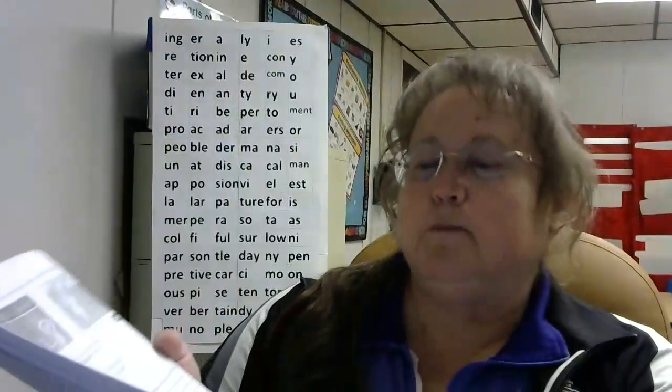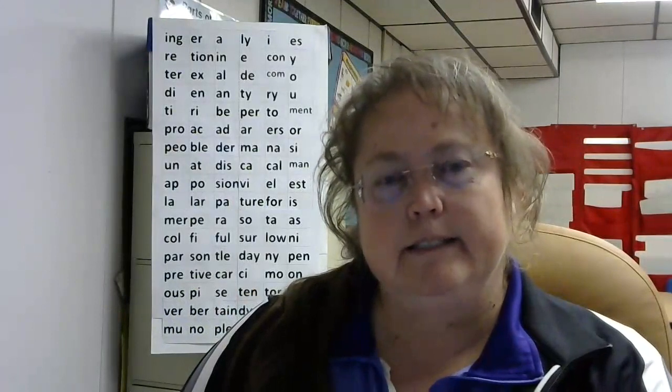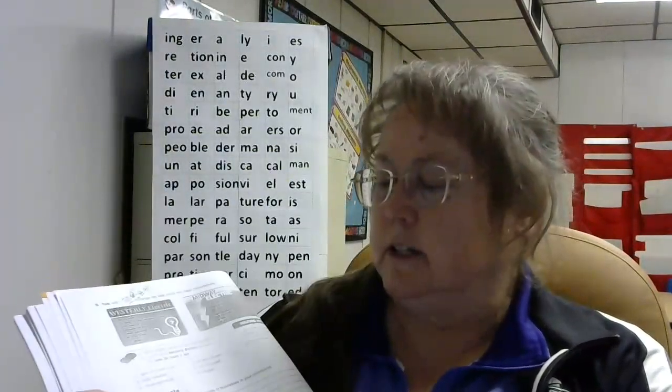The next activity on number 3 sort of cracked me up because it wants you to write 2 or 3 businesses in your community that are like this business. So supermarkets.